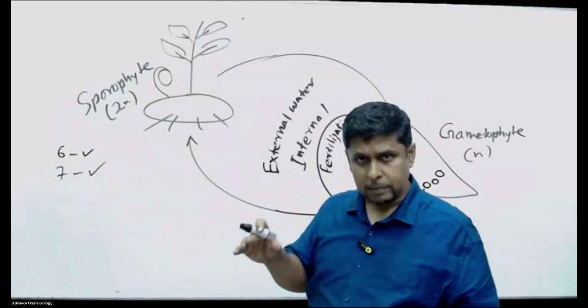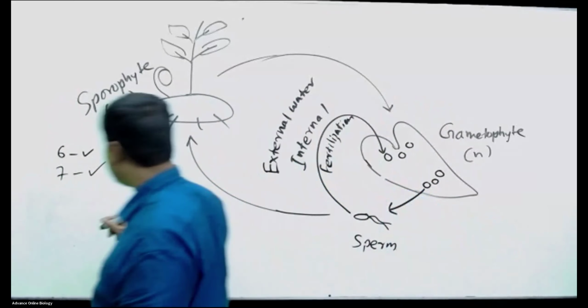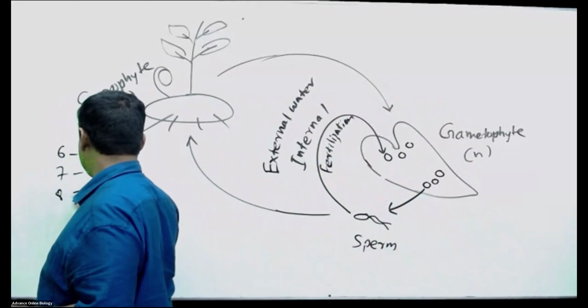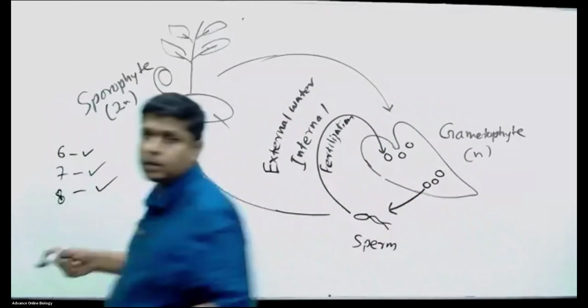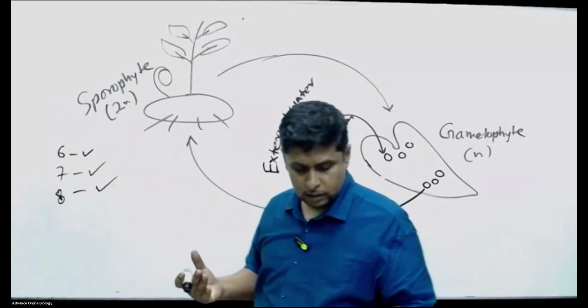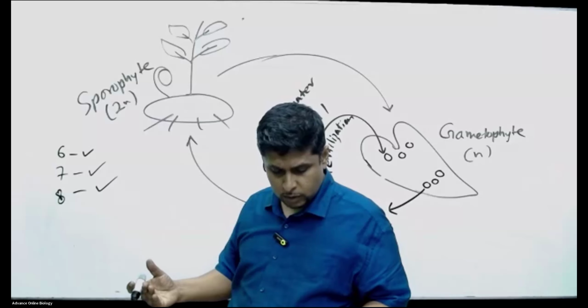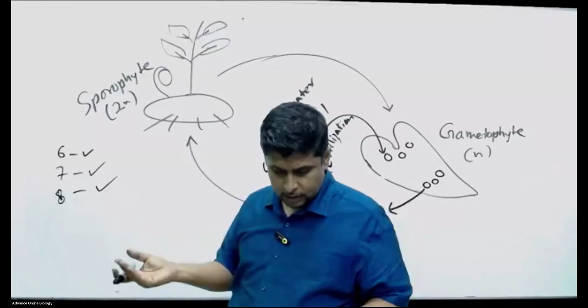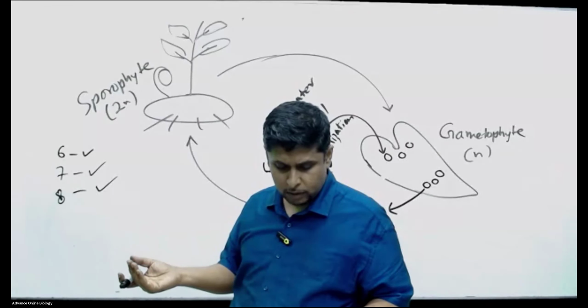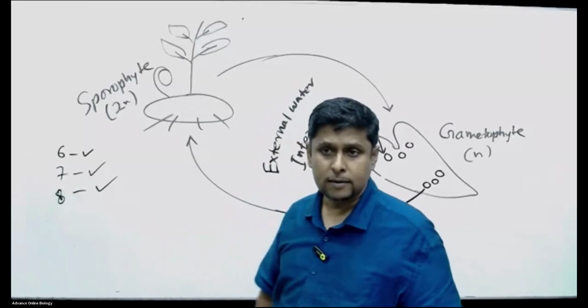In evolution, we learn that gametophytic reduction continuously occurs. So the 8th statement is a correct one. Sporophyte becomes more and more prominent and the gametophyte becomes smaller and smaller and gradually reduces and becomes dependent on the sporophytic tissues. That is correct.